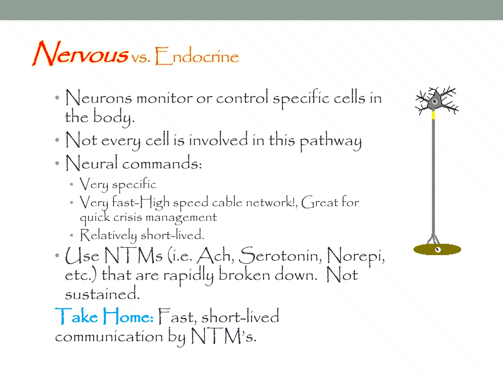We'll compare that in the next slide with the endocrine system that we'll liken to a 14.4 dial-up modem. Did anybody ever have one of those? Or am I just too old? All right, the takeaway here, at the bottom, it says the take home for nervous system is that it's fast, short-lived, and the communication is had by the neurotransmitters.